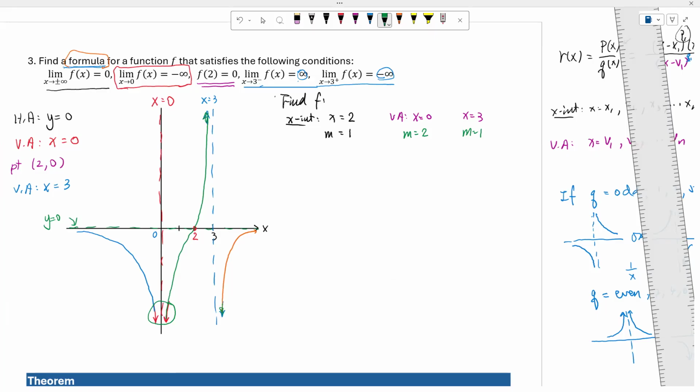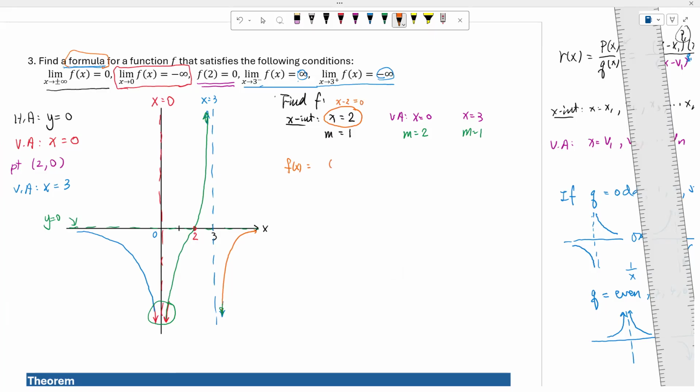So now we could write out f of x is equal to, if x is equal to 2, then this factor will be x minus 2. Again, it's just like you have x minus 2 equal to 0, right?